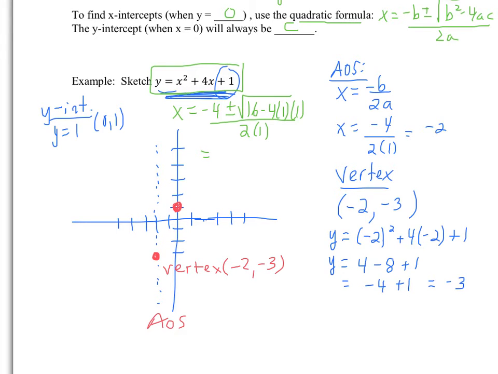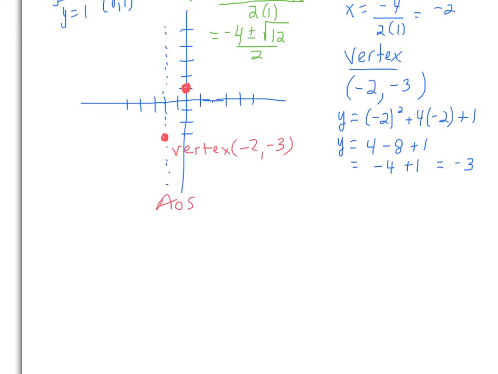So let's clean this up. -4 plus or minus, we would have the square root of 12 all over 2, which, let me give myself a little more room. Come down here. So -4 plus or minus.